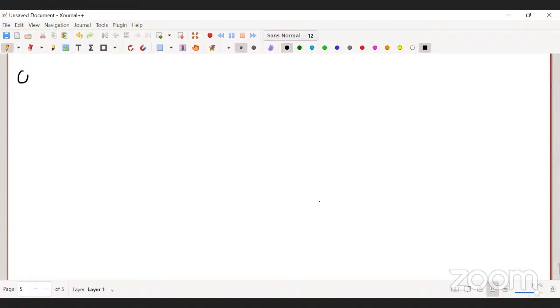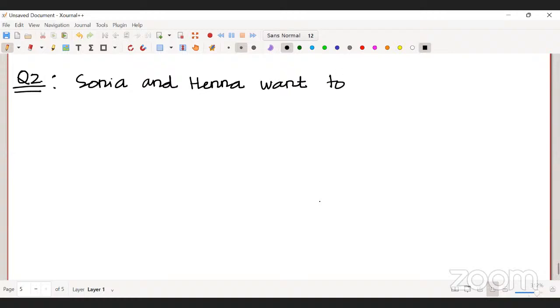Let me write the question properly. The question says they want to solve a quadratic equation.